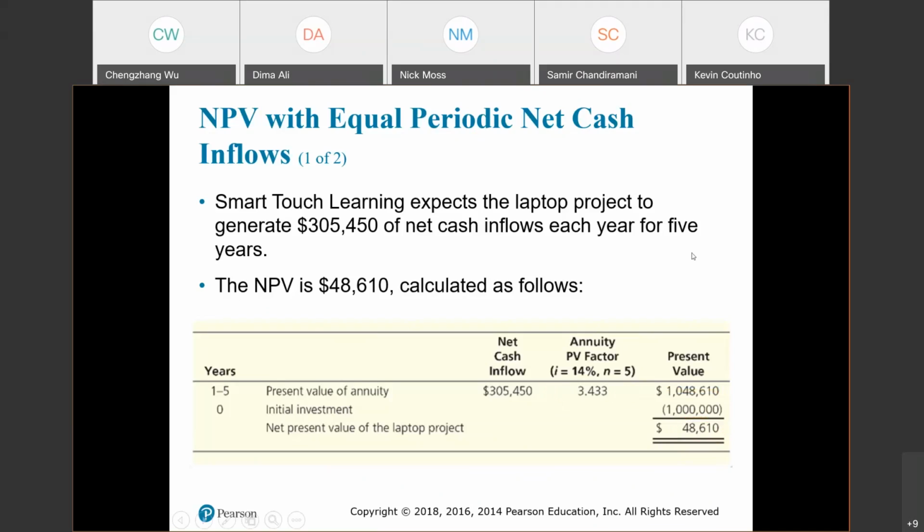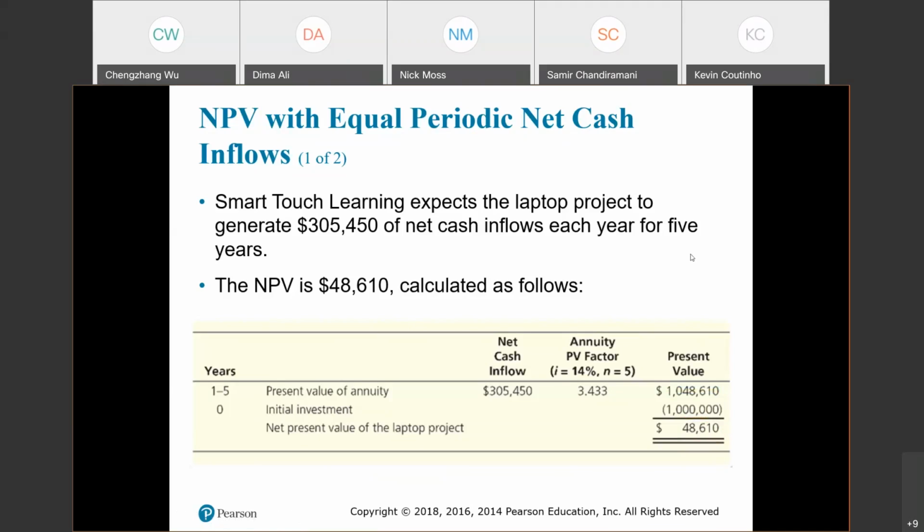Well, this is the case with equal periodic net cash inflows. And we use that laptop computers project as an example because it yields equal net cash inflows each year.